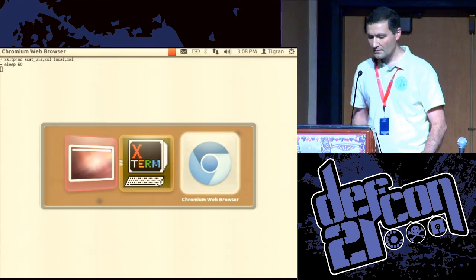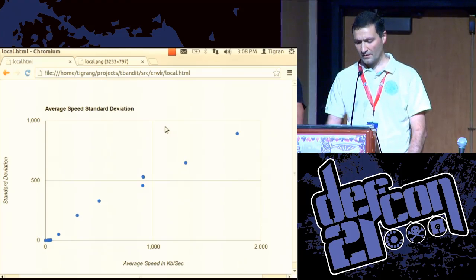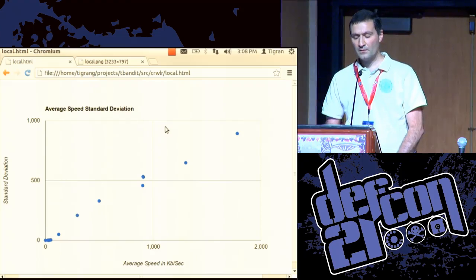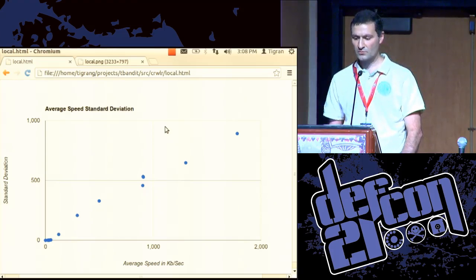And I have one example, which is an XSLT that transforms this information into something that can be visualized. So you'll see a scatter chart of download speed and standard deviation. And there are 4 quadrants here. The top 2 quadrants are the resources that have high standard deviation, which means that the measurements were inaccurate. Since we cannot trust these resources, we throw them away. Instead, we concentrate on the resources on the bottom half.